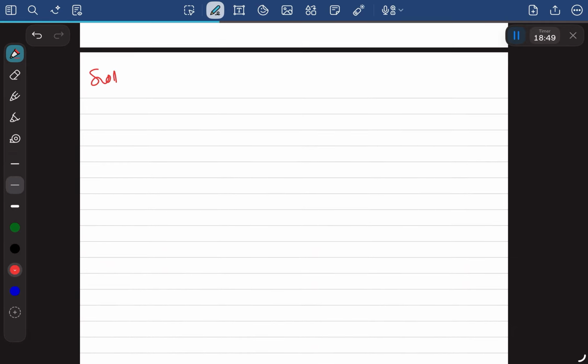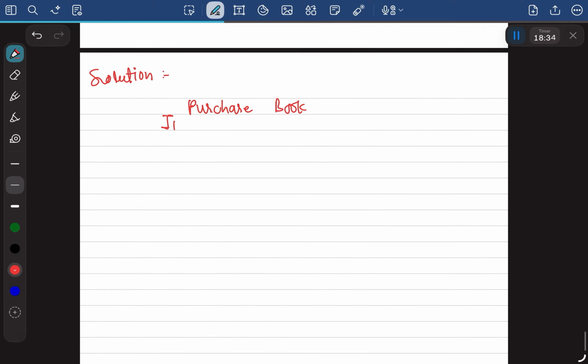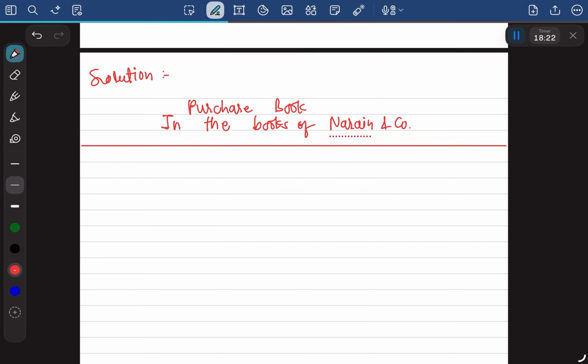Solution: Purchase book, in the books of Messrs. Narine and Co. So I have a normal format.